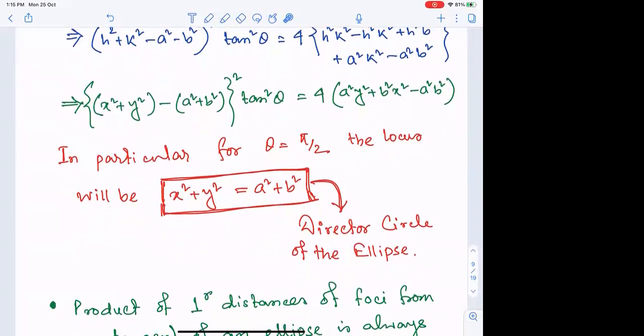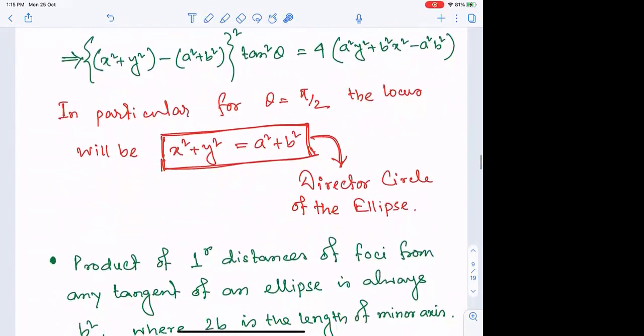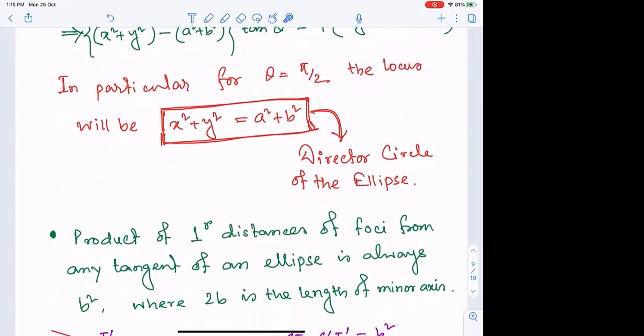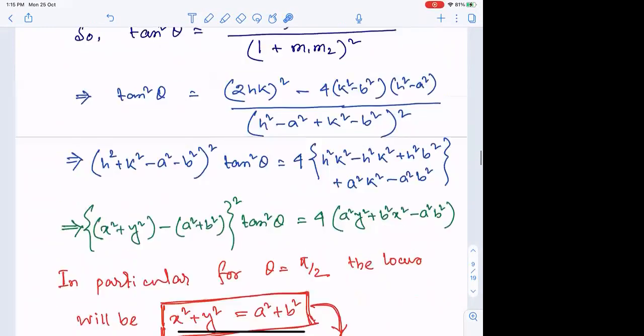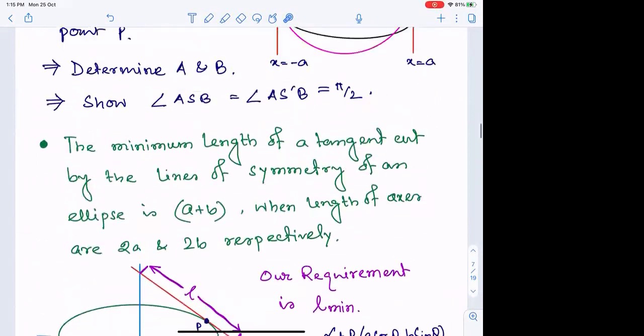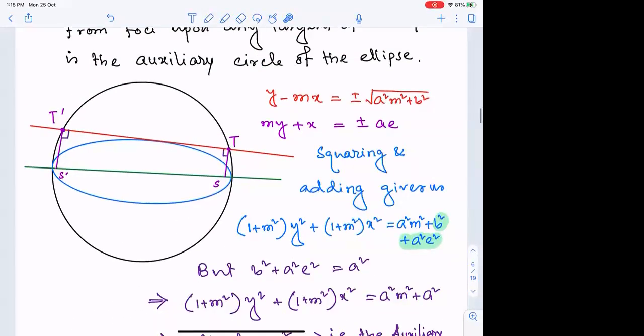Now we are going for the result: the product of perpendicular distances from the foci to any tangent of an ellipse is always b square, where 2b is the length of the minor axis. In the earlier diagram, we found that the feet of the perpendiculars from the foci always lie on the auxiliary circle.